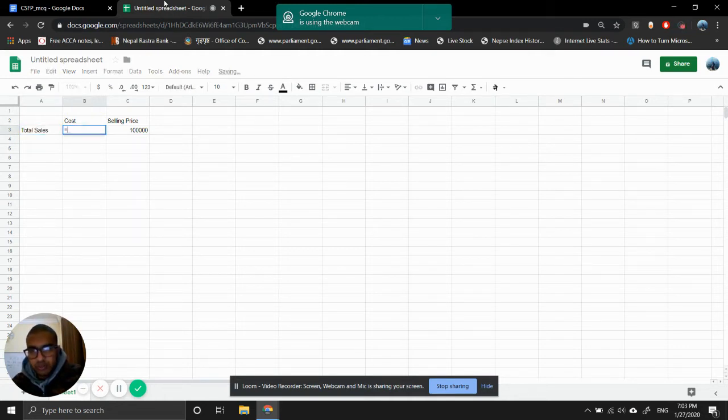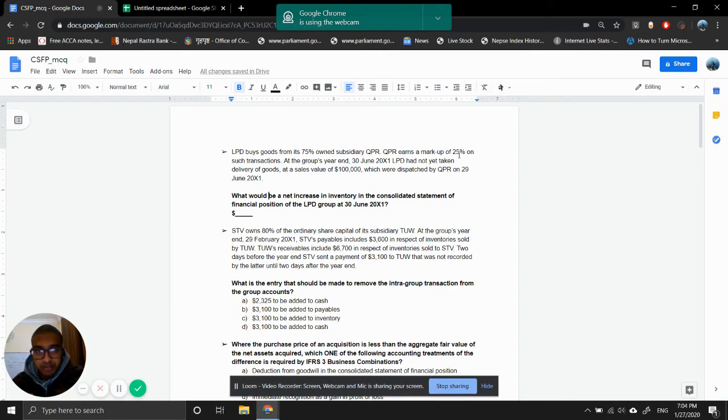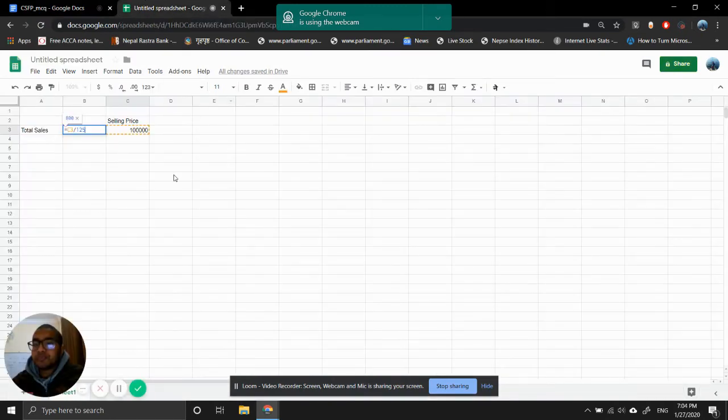And then what was the cost? This figure divided by 125 percent, right? Because it's a markup of 25%, that's what the question says. So what we'll need to do is multiply by 100. Why am I not doing 25? If I wanted just the profit, I can do 25. That's the profit, but I need the 100% of it, right? So what was the cost?